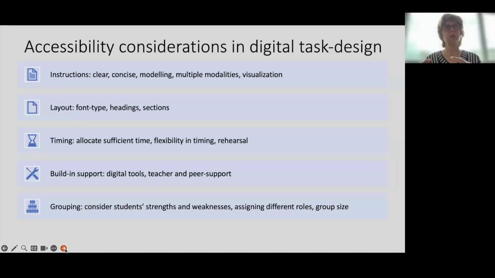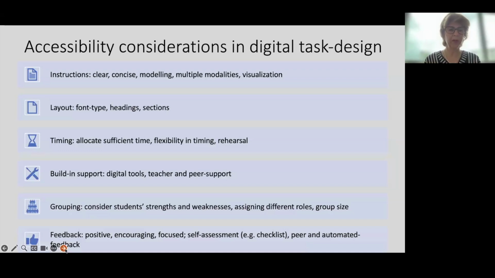So if students, for one reason or another, are stronger in, for example, oral expression, or stronger in coming up with ideas, they can be the organizers, and then someone with closer attention to detail can be the one who writes down all the answers, etc. So you can assign different roles. You can also consider group size. So students with, for example, autism, they might prefer working in smaller groups rather than in larger groups, right?